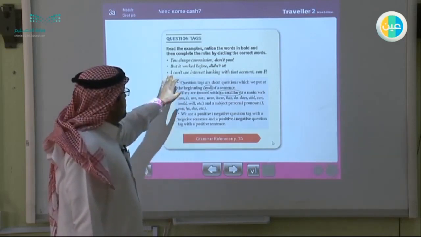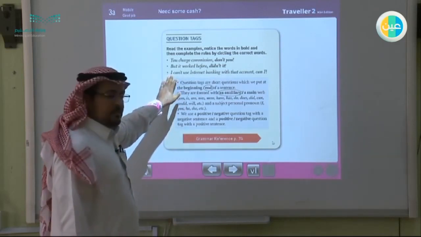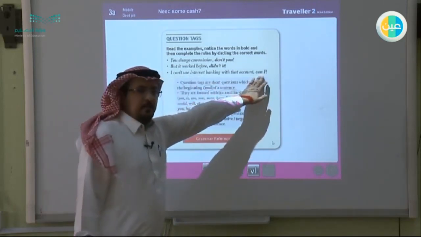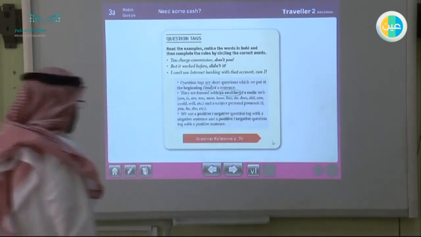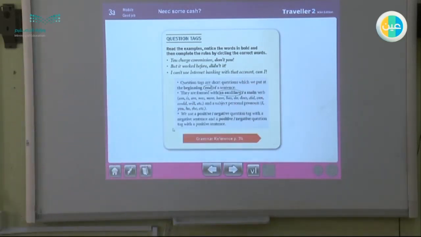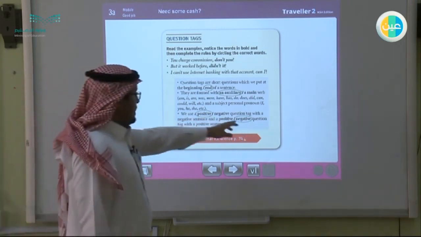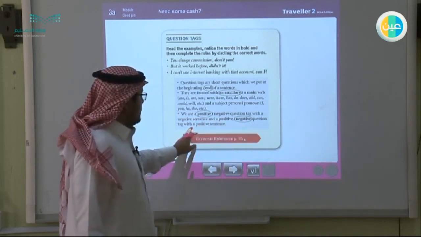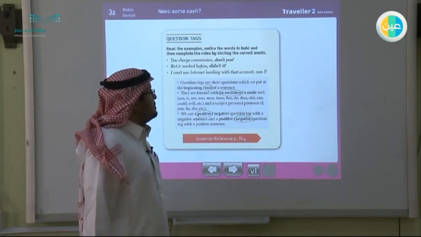While in the last one, the sentence was in negative form, so we use the positive form of the question tag. So we use a positive question tag with a negative sentence and a negative question tag with a positive sentence.